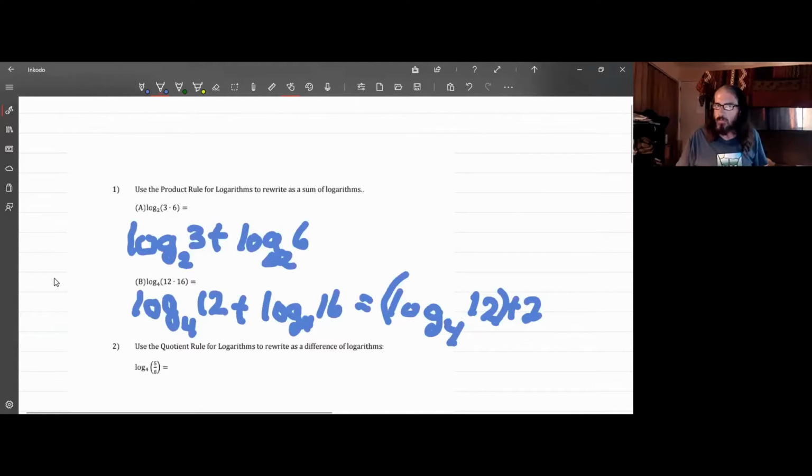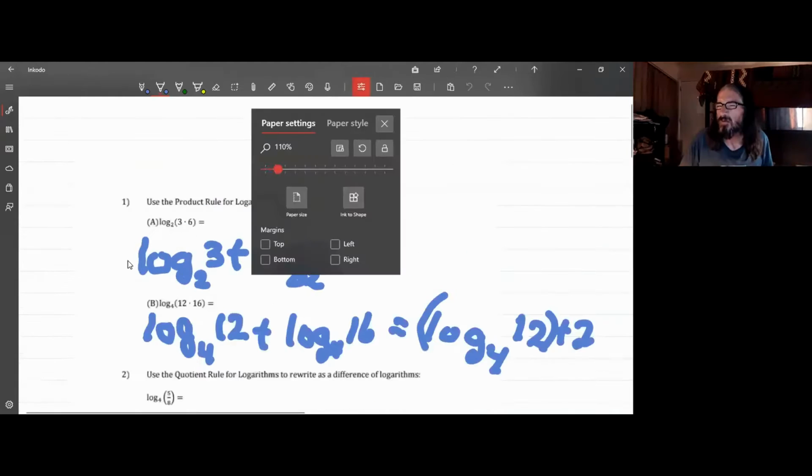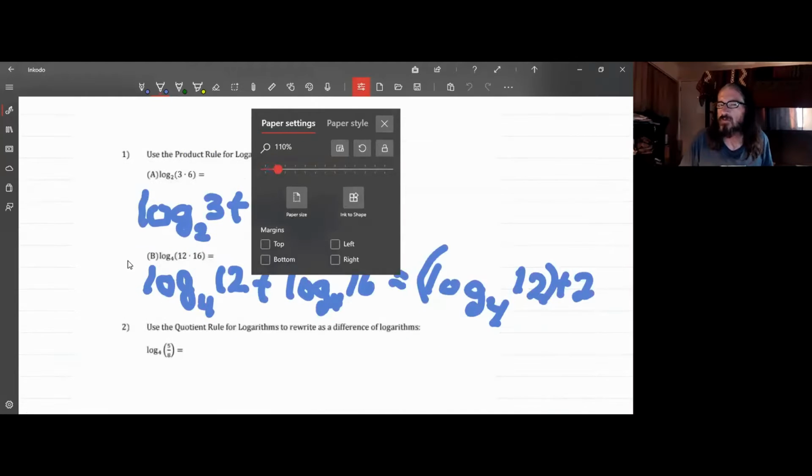Now in part 2, we're supposed to use the quotient rule for logarithms to rewrite as a difference of logarithms. Log of 5/8 base 4. When writing the difference, just like the order of division matters, the order of subtraction is going to matter.